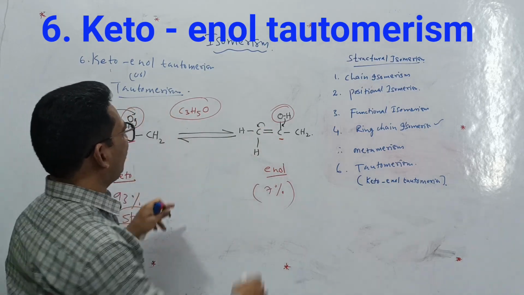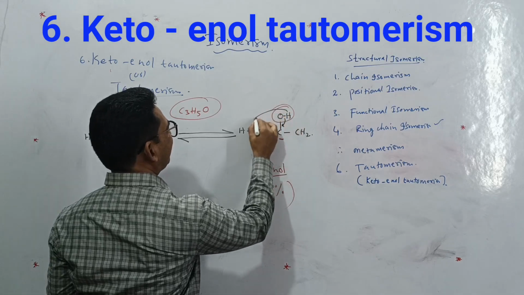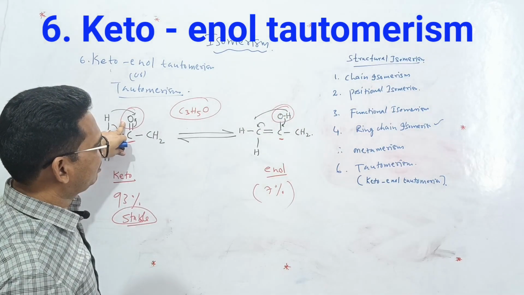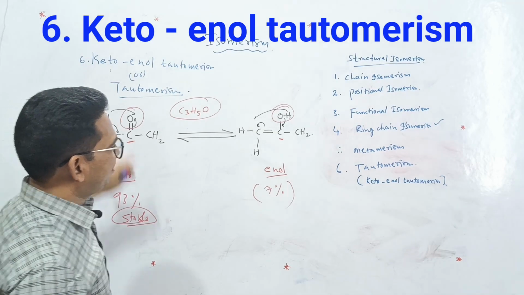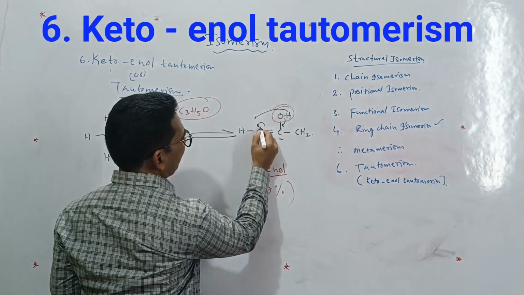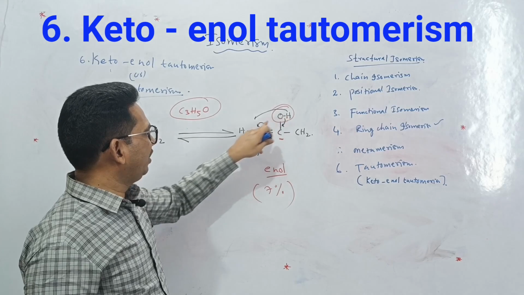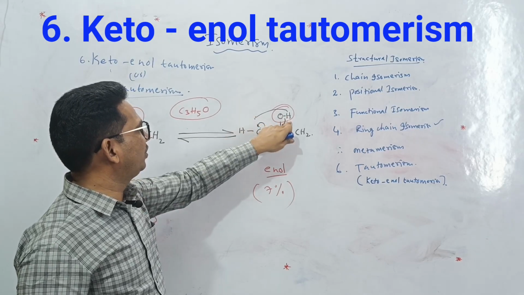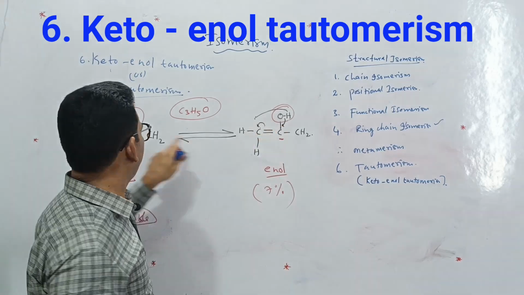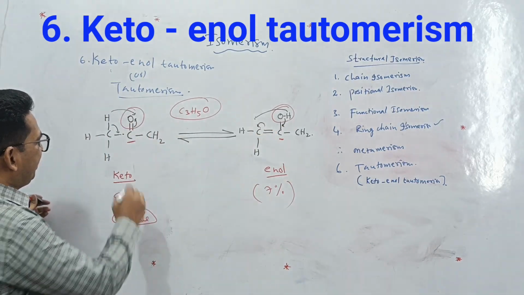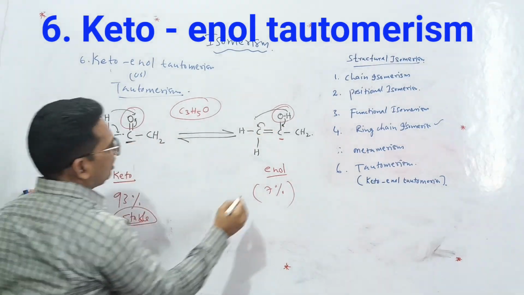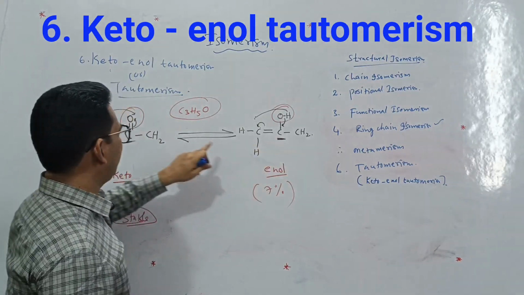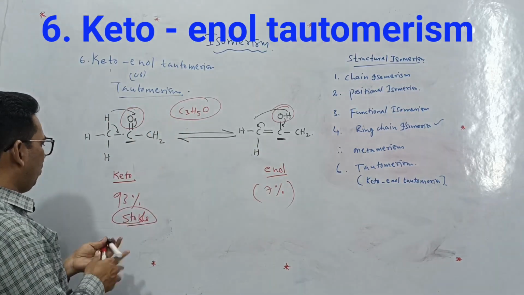Then this hydrogen will come here, and that's why it will be converted to the keto form, because here two electrons move, and this electron gives to this hydrogen, and these electrons move here to form the ketone. It means the keto form is converted to the alcoholic form, and then the alcoholic form is also converted to the keto form.